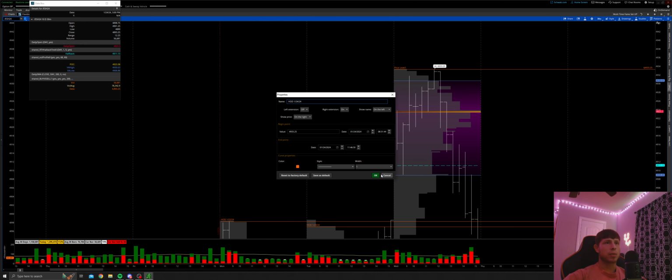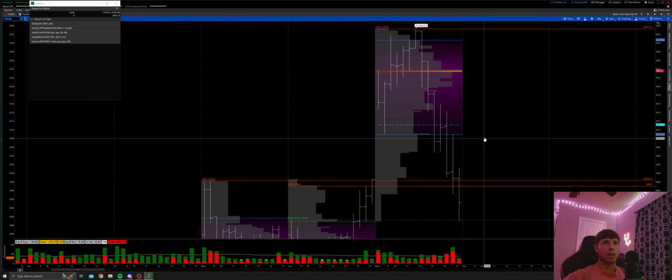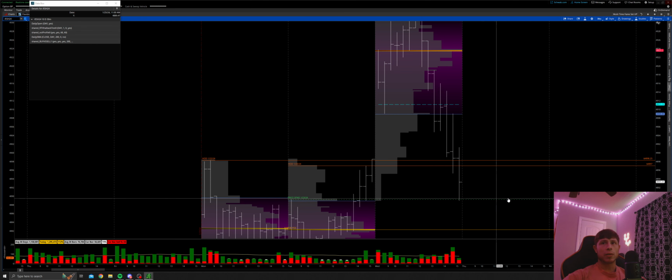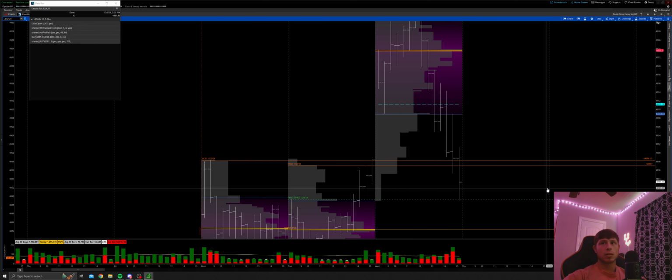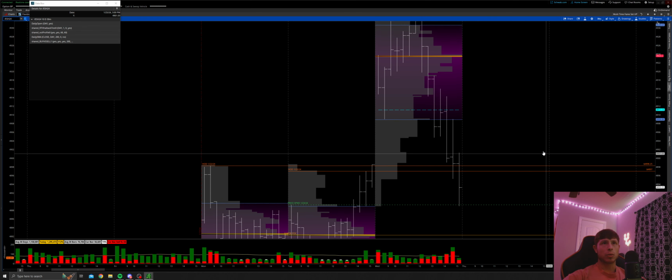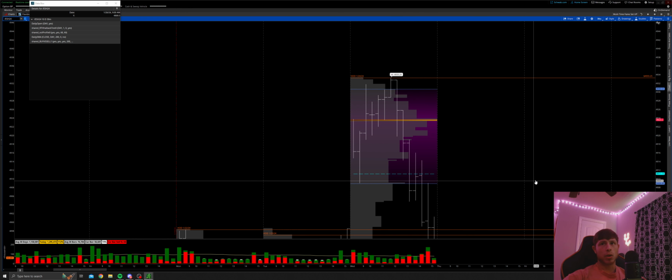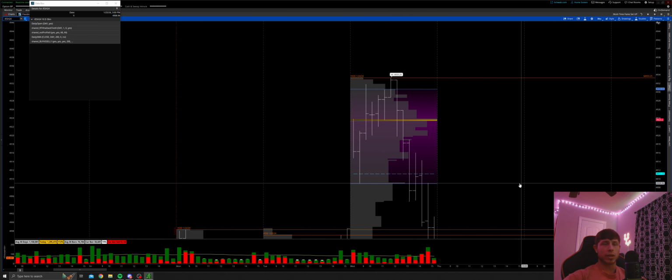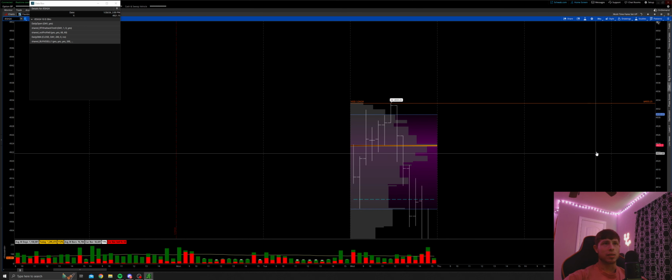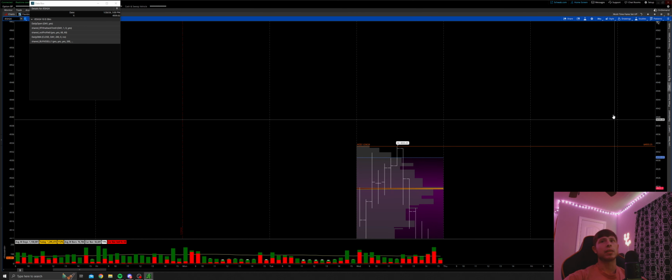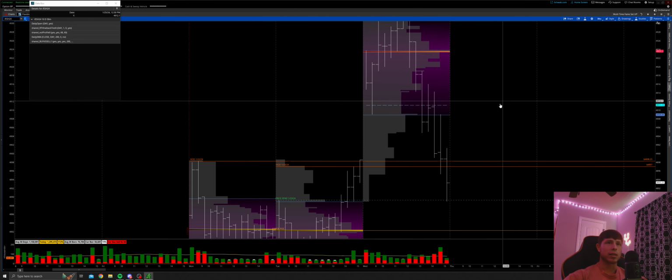So that'll be kind of something I'm looking for tomorrow, is if we hold around the 4,890 level, 4,900, rotate up, and if we do we get above 4,910? If we do get above 4,910, then obviously there's really nothing keeping this market back to get up here to 4,925 and then the day's high once again.